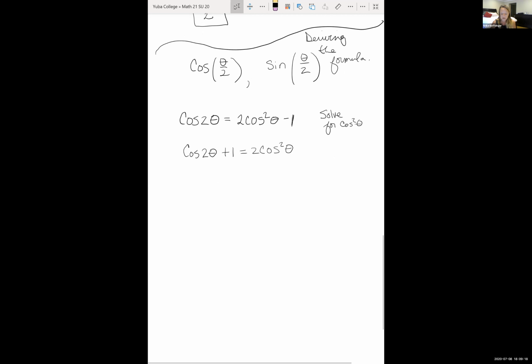Let's divide both sides by 2. And so we get cosine squared theta is equal to cosine of 2 theta plus 1 all over 2.